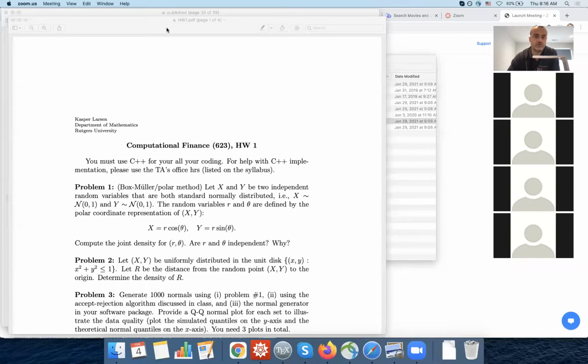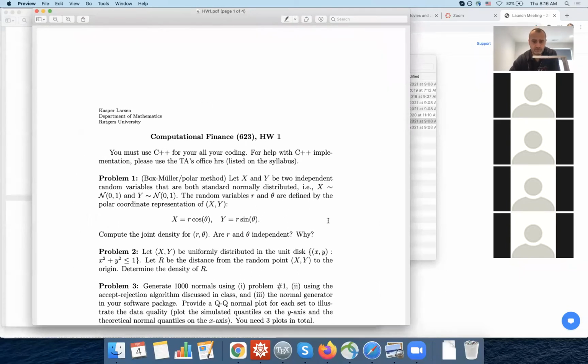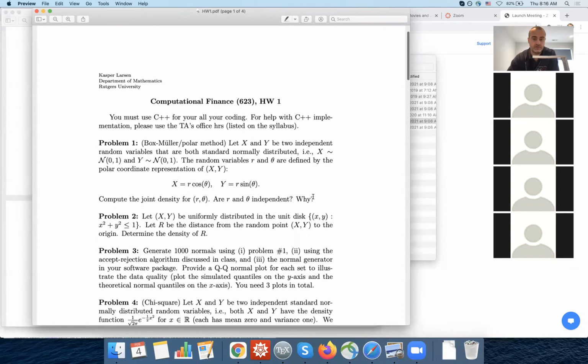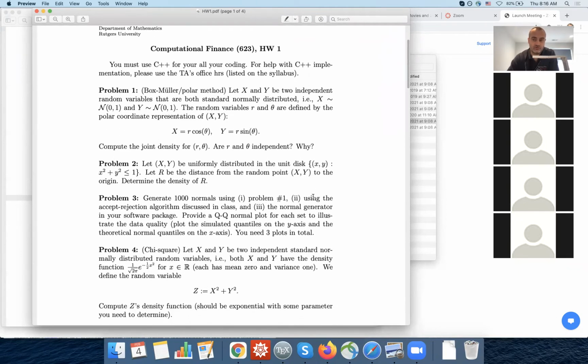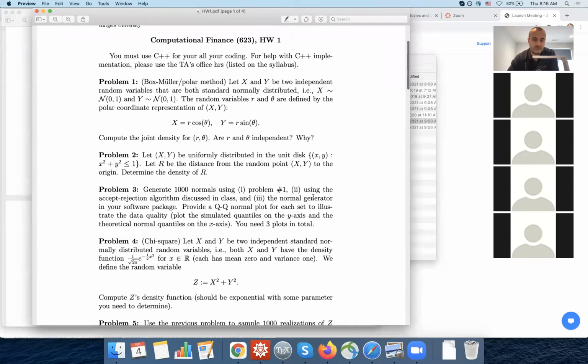If I bring up the first homework, let me just do that, and then share my screen. The first homework here, which is due next Friday, we've covered most of what is in there.